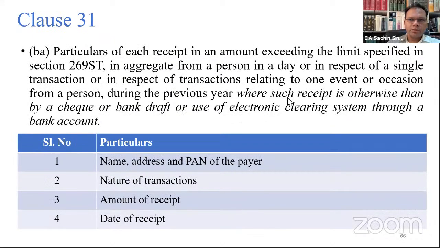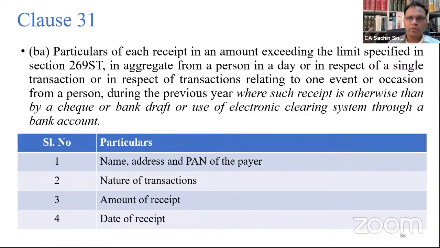Now the interesting situation is there, because sometimes the expenditure is incurred for a purpose of a personal nature, assuming a marriage function, which is not related to business, so there is no question of reporting in the business part. But in the case of the receiver, the receiver is doing his business.